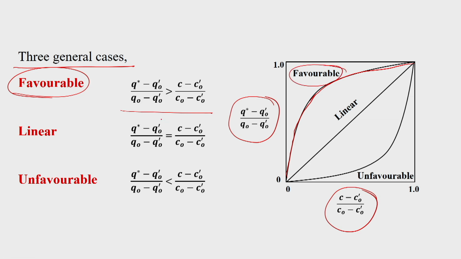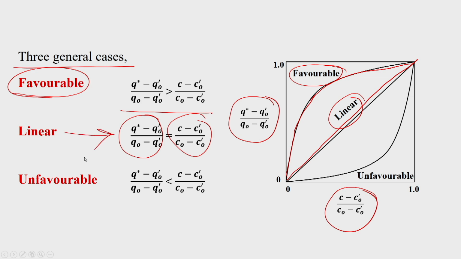But whenever these two quantities are the same, whenever it is a diagonal one, then we can say it is linearly dependent. So, we cannot say it is very favorable or unfavorable, but it follows the linear relationship.